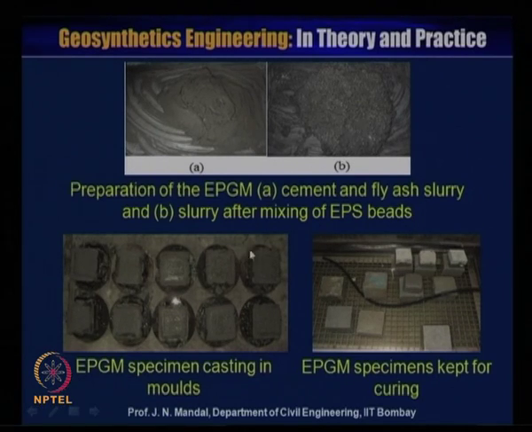From this slurry, the EPGM specimen is cast in the mold. So, there is a mold. This specimen has been cast, and then this material has been kept in water for curing. You can see the material has been kept under water for curing.